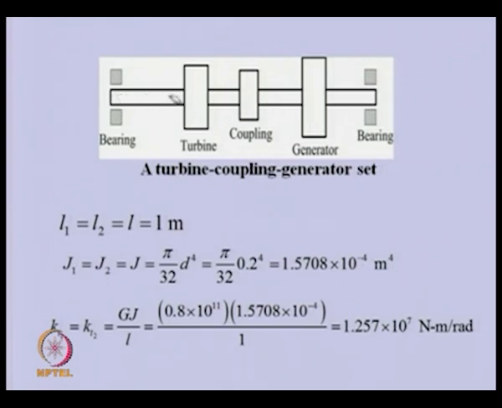So, this segment and this segment of the shaft will not play any role in the torsional oscillation, only these two will play a role, because there is no mass attached at these ends. The torsional stiffness of this segment and this segment are the same, because the dimensions are the same, and it is given here.